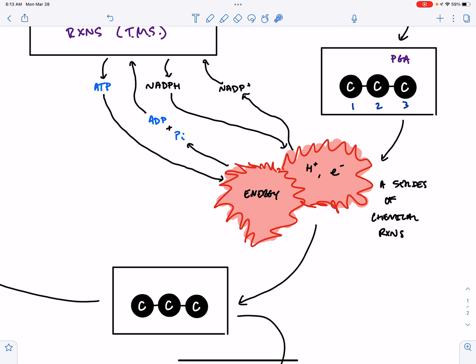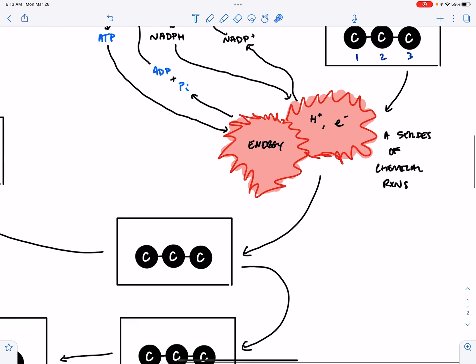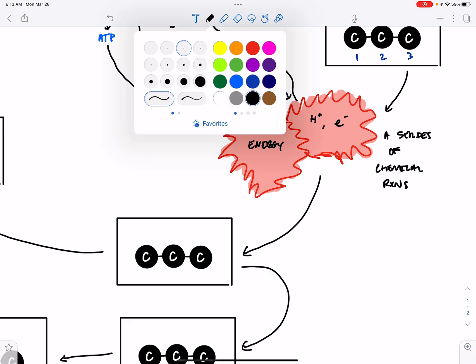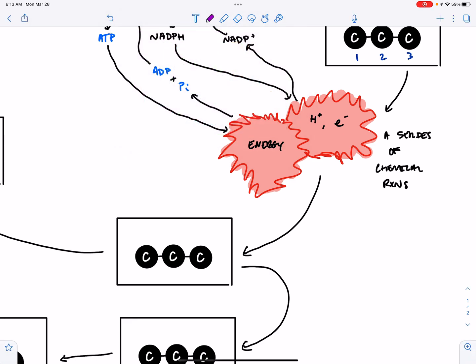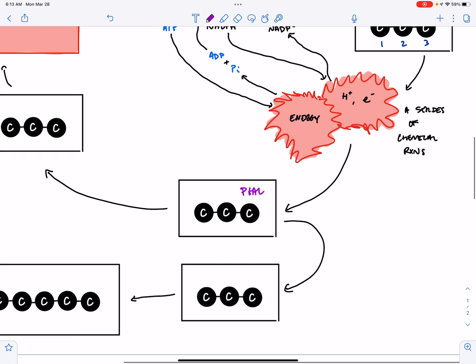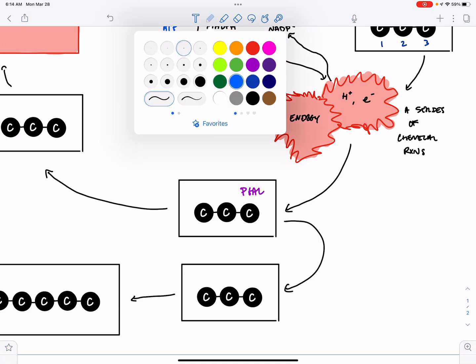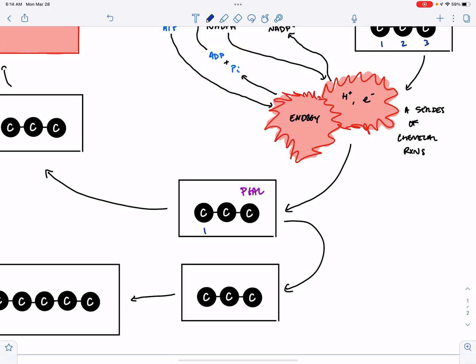But the end result of the energy from ATP and the high energy electrons from NADPH is a very high energy molecule that we call PGAL, which is a 3-carbon compound. 1, 2, 3.